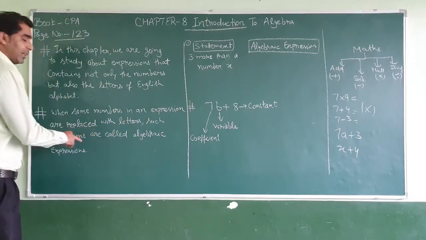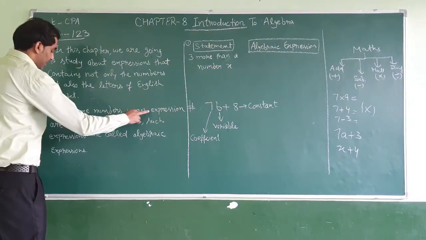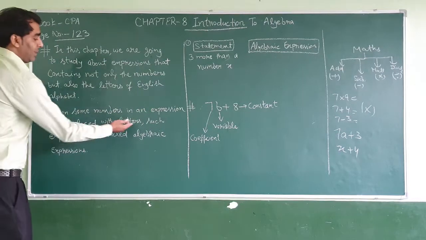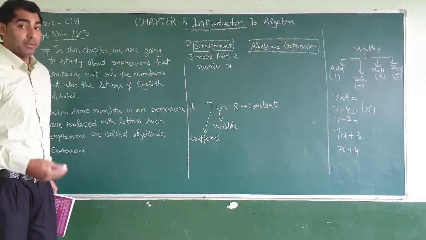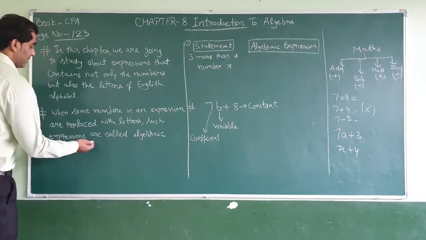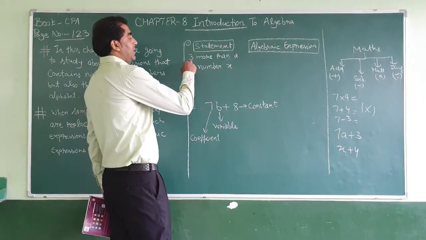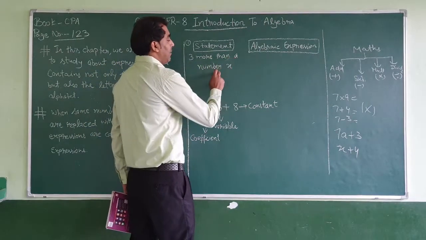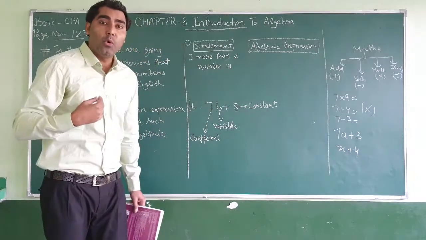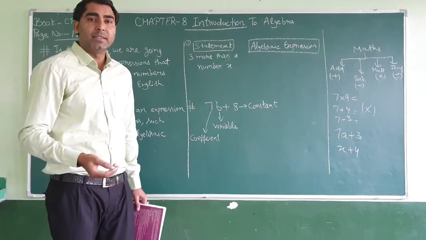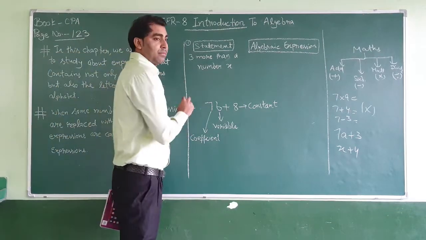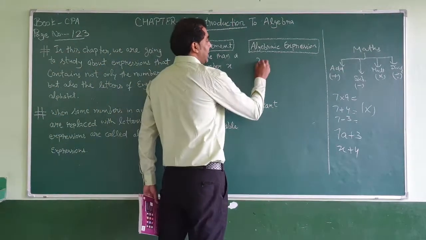So what is the definition of this? Expressions with numbers replaced by letters are called algebraic expressions. 3 more than a number x means adding 3 to number x.